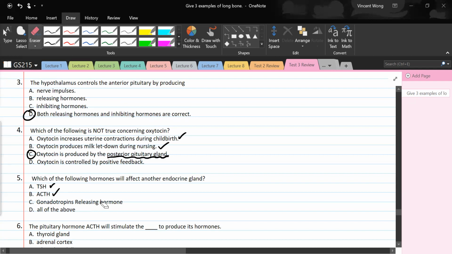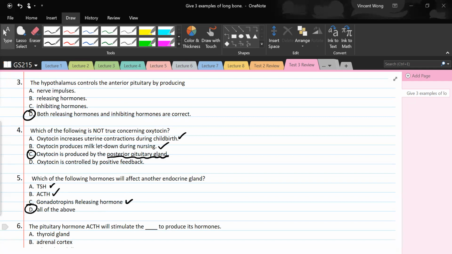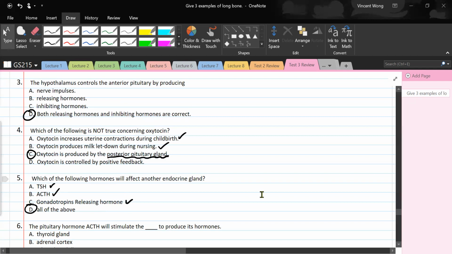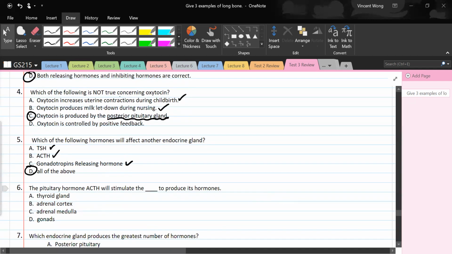Gonadotropin releasing hormone is from the hypothalamus, but then it acts on the anterior pituitary gland, which is also another endocrine gland. So the answer is all of the above. Number 6, the pituitary hormone ACTH will stimulate the something to produce its hormone. ACTH is adrenocorticotropic hormone, right? So it stimulates the adrenal cortex.